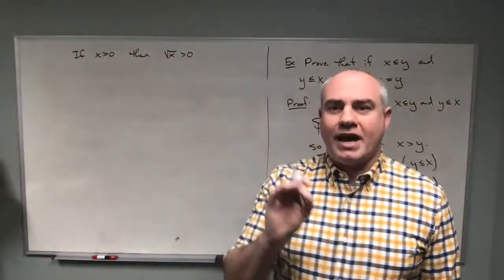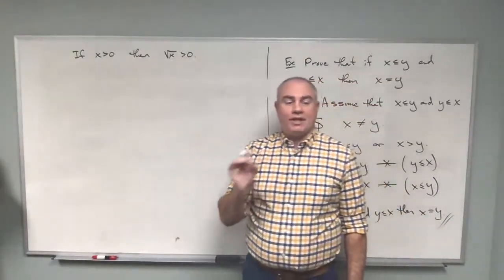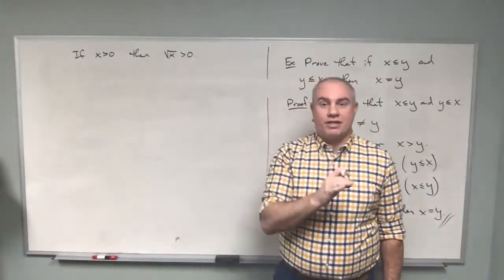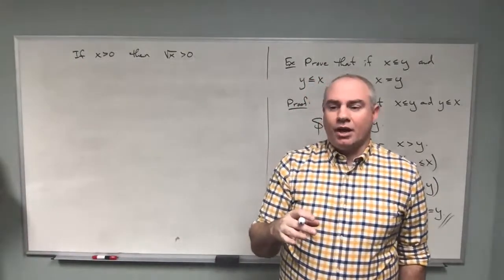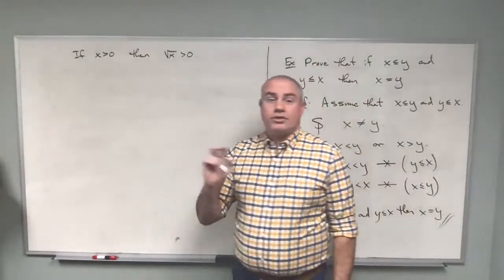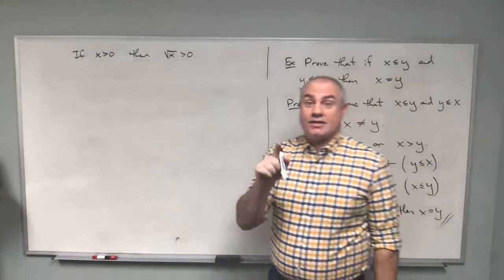It's kind of like if you have a positive number and you take its square root, by definition, that square root is a positive number. And you might say, well, wait a second, aren't there two square roots, a positive square root and a negative square root? And I would say, yes, there are.